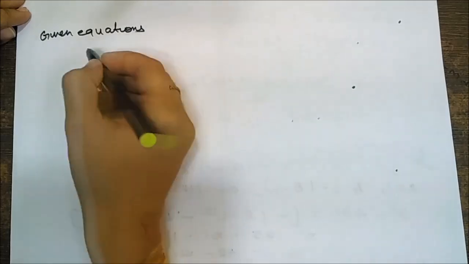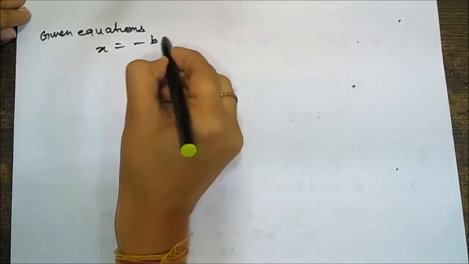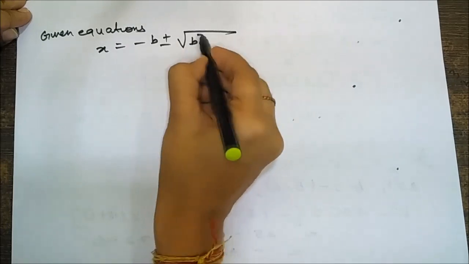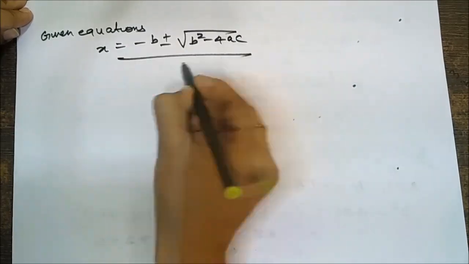Given equation, x is equal to minus b plus or minus root of b square minus 4ac upon 2a.